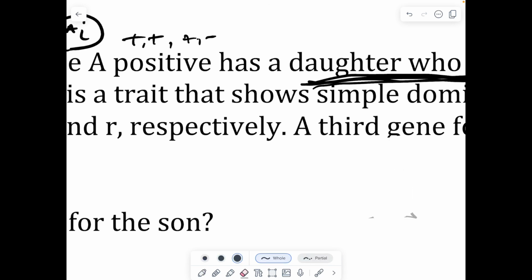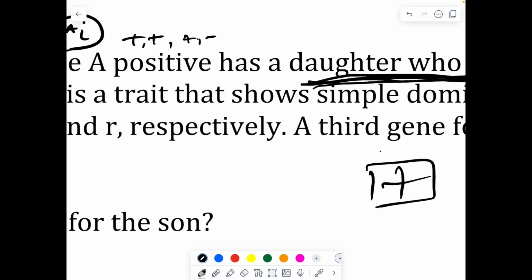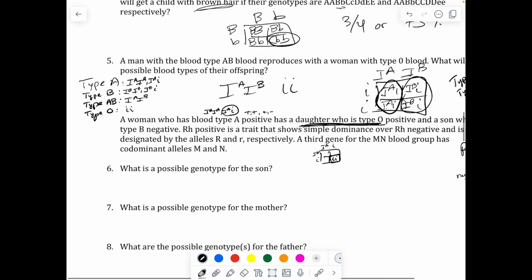So that means in order for her to have an O child, she has to carry at least the one O, even if the other parent is also heterozygous. Because in this case, this bottom corner would be O.